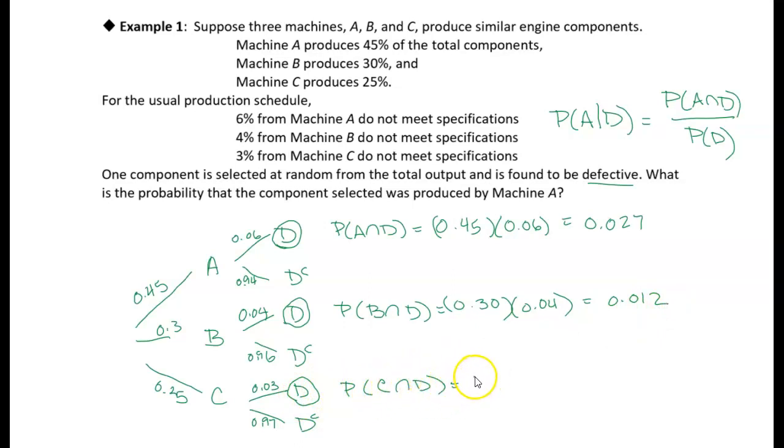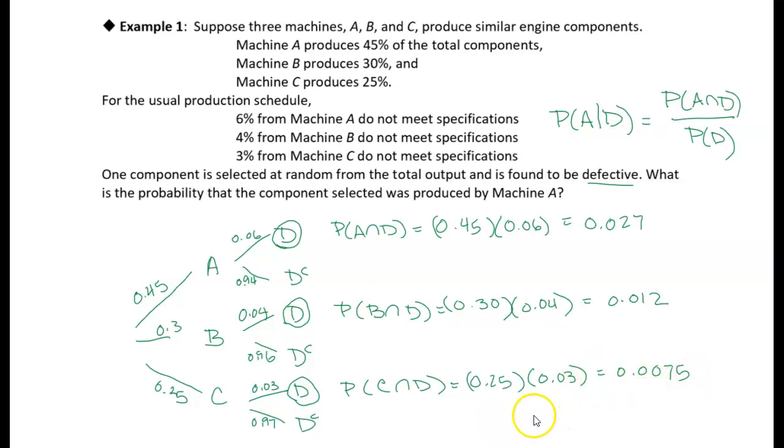Any given part has a 25% chance that it came off of machine C, and of those parts, 3% are defective. So that gives us a probability of 0.0075 that it came off of C and is defective.